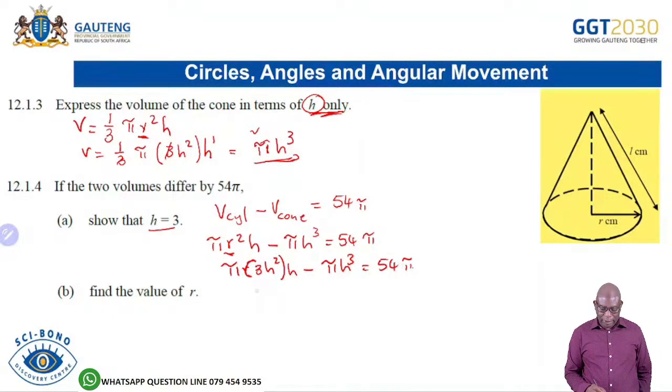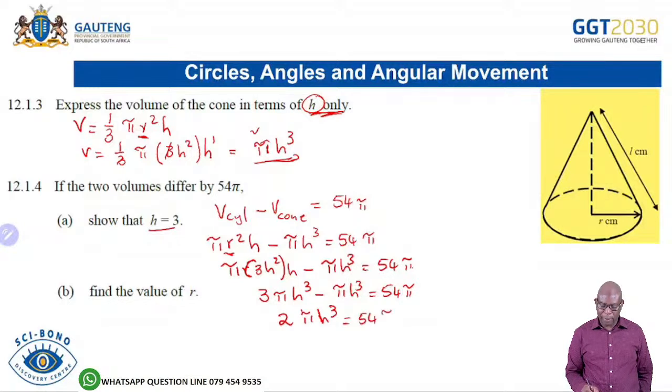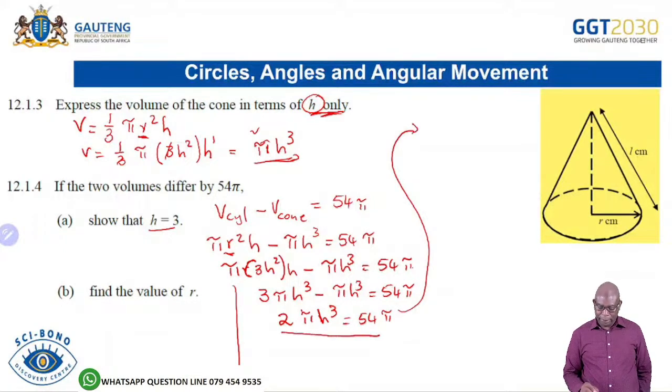I'm going to get 3 pi h cubed minus pi h cubed equals 54 pi. If I subtract this, I'm going to get 2 pi h cubed equals 54 pi. Pi on both sides. I'm going to finish it up here. So I'm going to then divide both sides by 2 pi. So if I divide both sides by 2 pi, I'm going to get h.